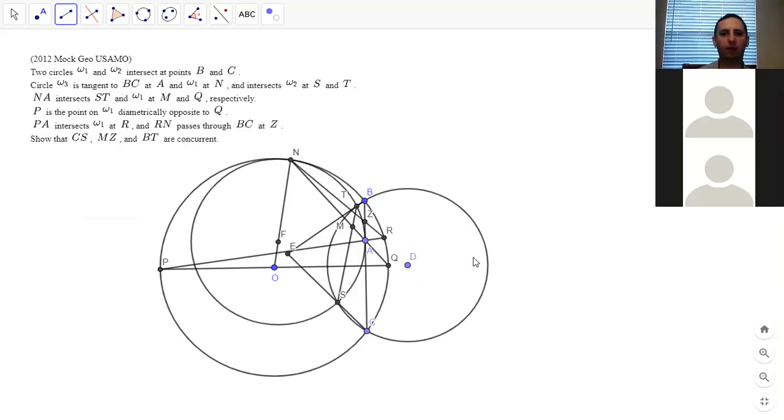Yeah, it looks like Ricard's might help. I just don't know how to use the tangency of N.